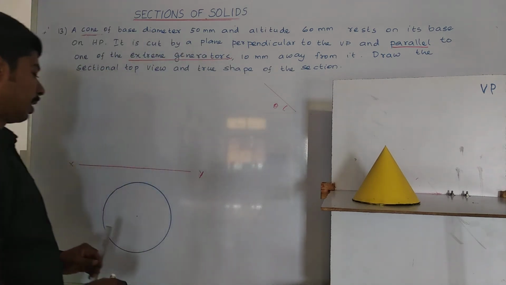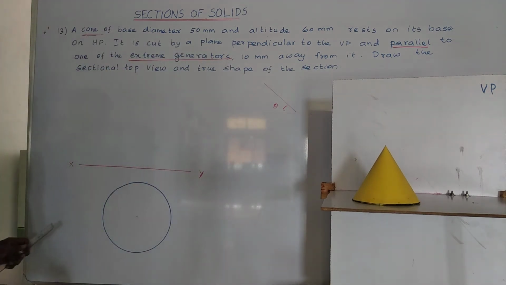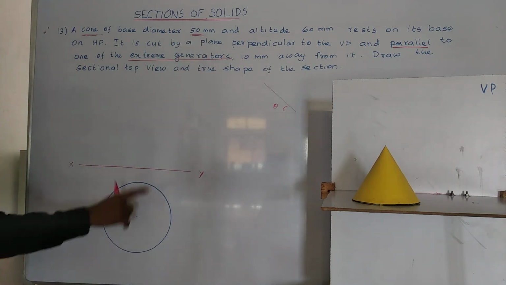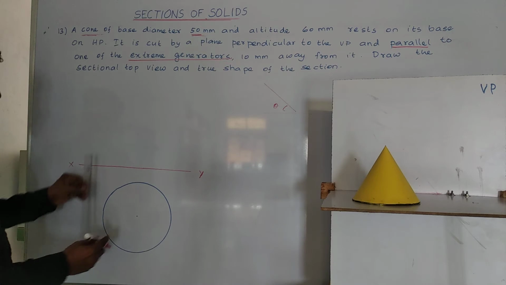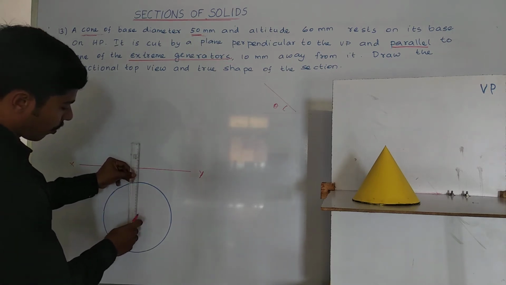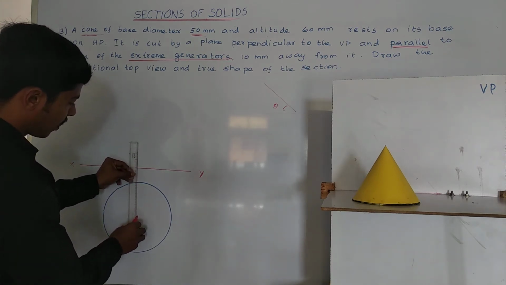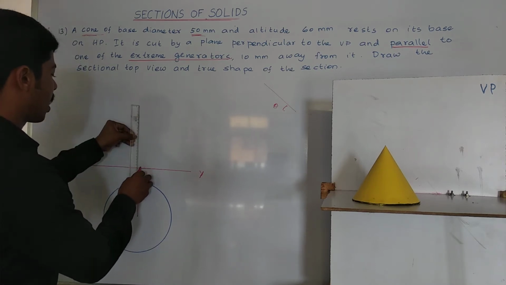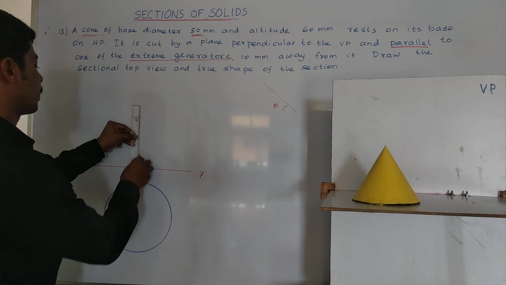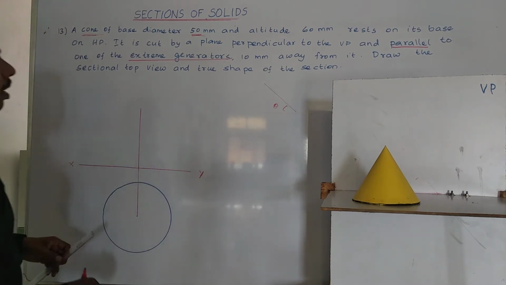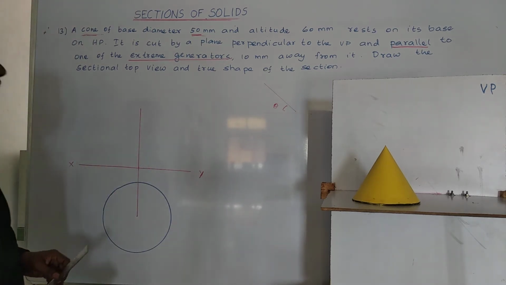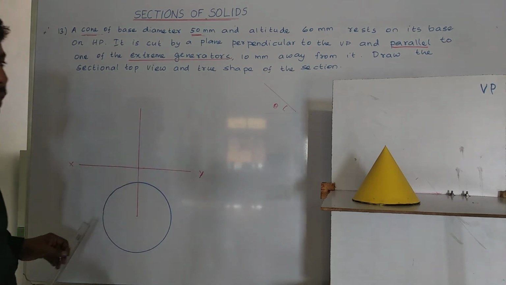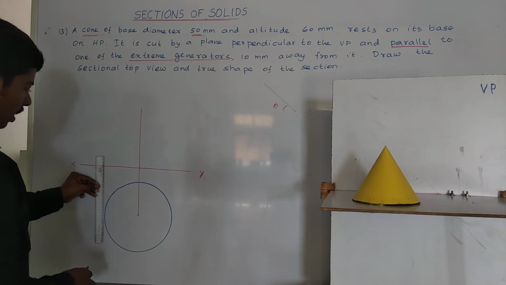So what we did: I draw the circle with the diameter 50, so the radius is 25 millimeter. Then project the point O towards the front view. The height of the solid is 60 millimeter, so height is 60 millimeter here, and we can draw it.